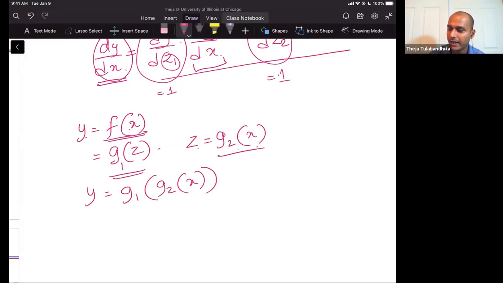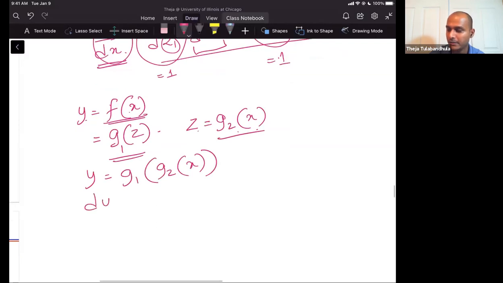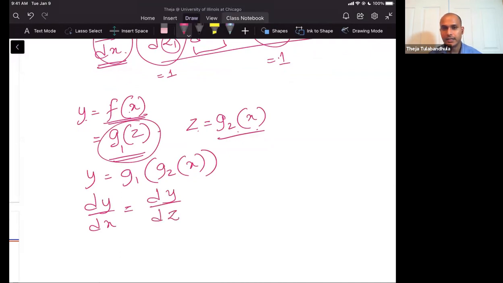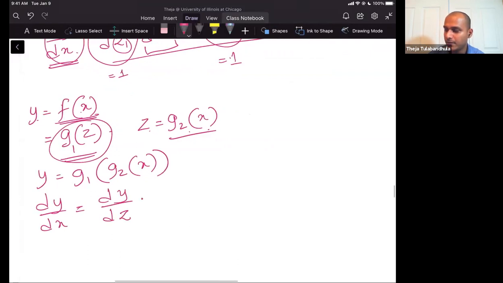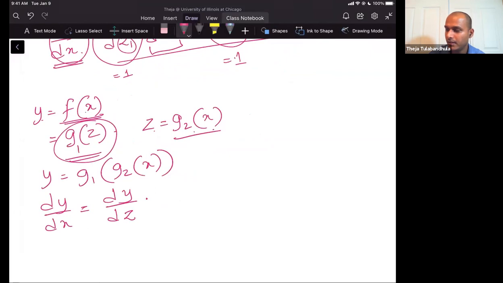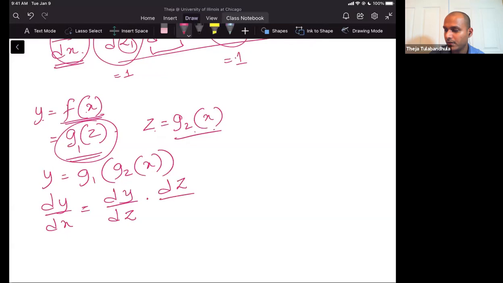So now the rate of change of y with respect to x is, since I wrote it above, you can write, let me change y with respect to z, and change z with respect to x.